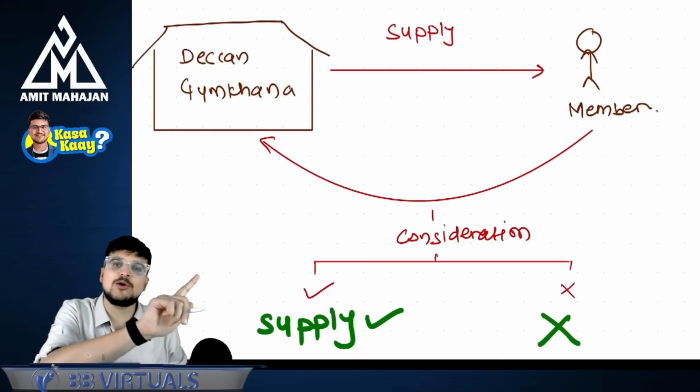It will be considered as deemed supply when the invoice on the customer is raised by this agent in his own name. When the invoice on the customer is raised by the agent in his own name, then this transaction will be considered as deemed supply.